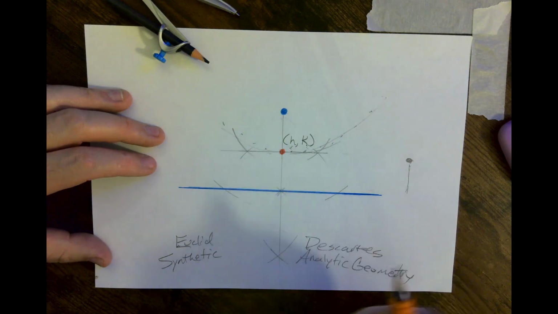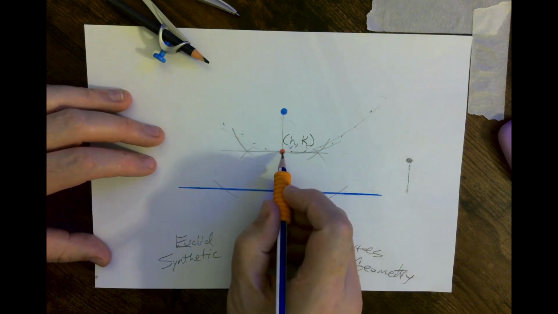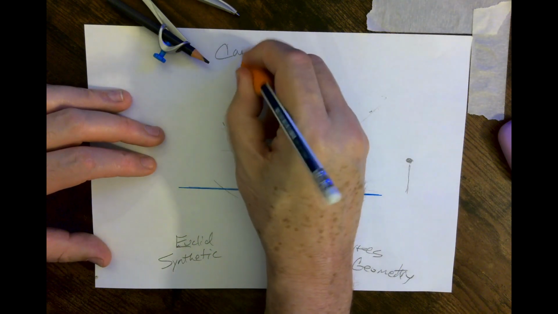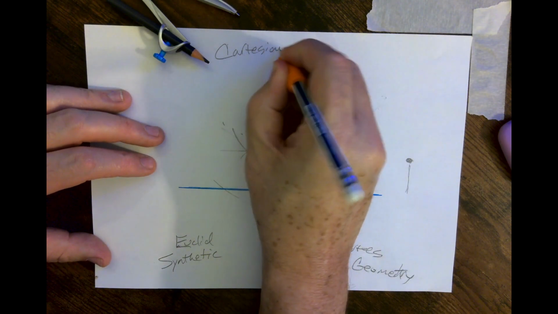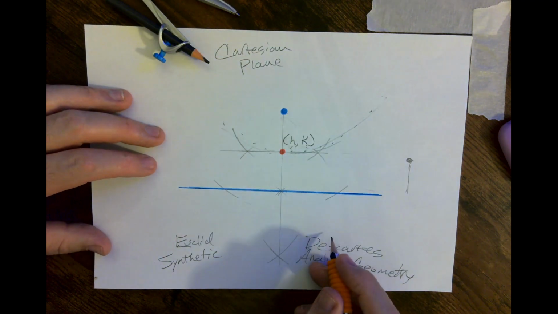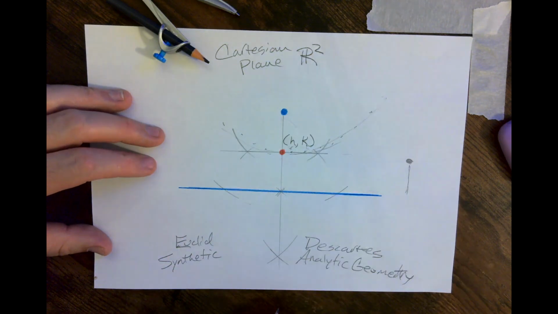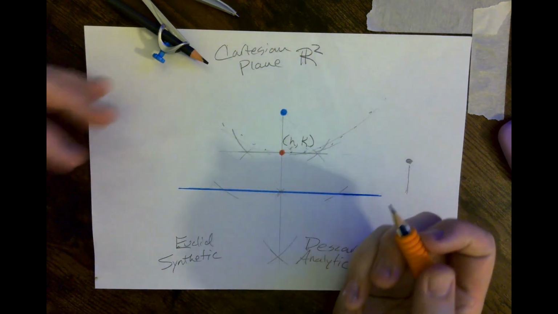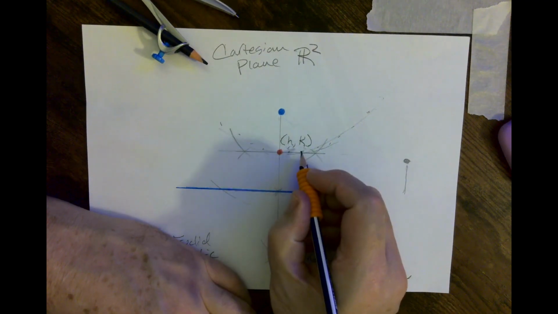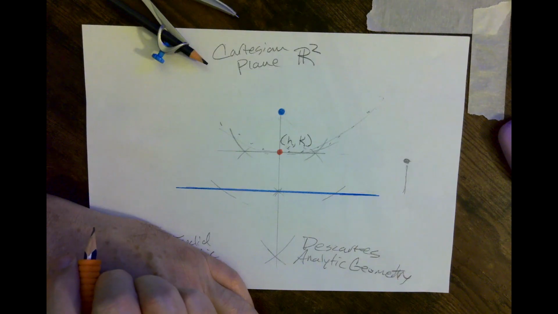And so I need to start by locating this point that's somewhere in this Cartesian plane. So I'm going to call it HK. You can call it something else, but this solution is going to use these symbols, H and K.